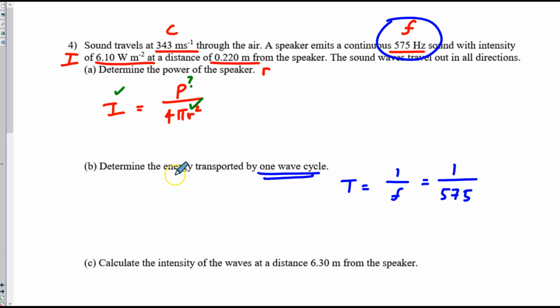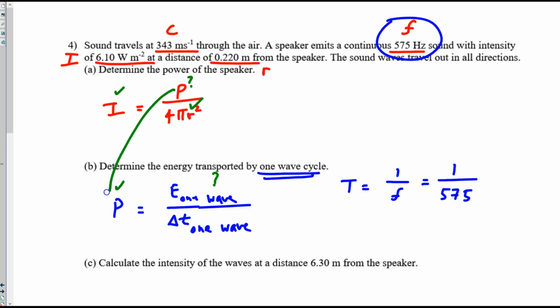So if we use this equation, energy of one wave, one cycle, over the time of one wave, one cycle, we know this, that's our unknown. We know power from above, and we know the time for one wave, it's 1 over 575.